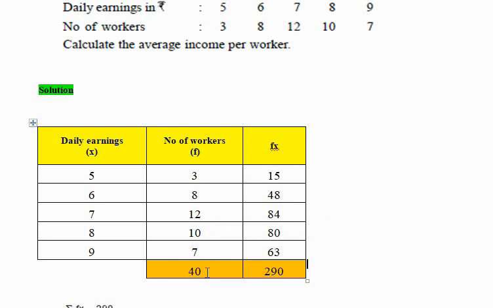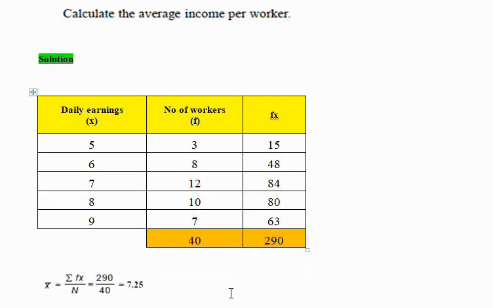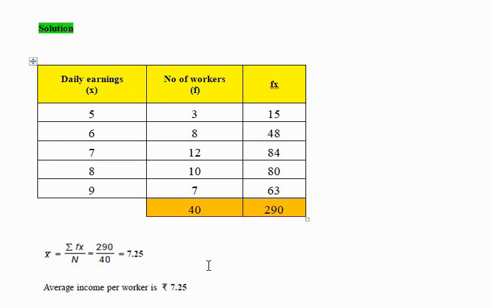Then the total of frequency has to be found out. The total of frequency, sigma f, equals 40 and sigma fx is 290. Then we can directly apply it in the equation x bar equal to sigma fx divided by n, that is 290, the total of fx, divided by 40, that is 7.25.